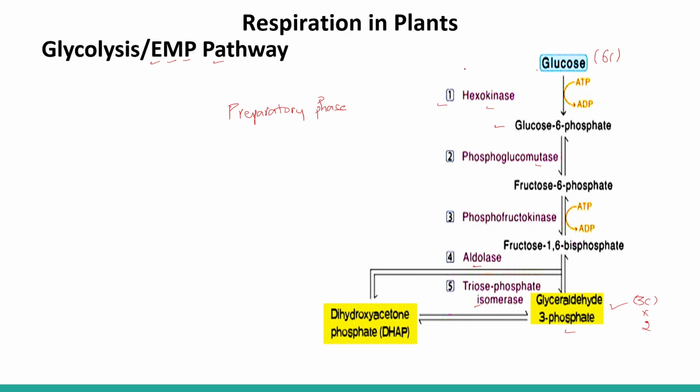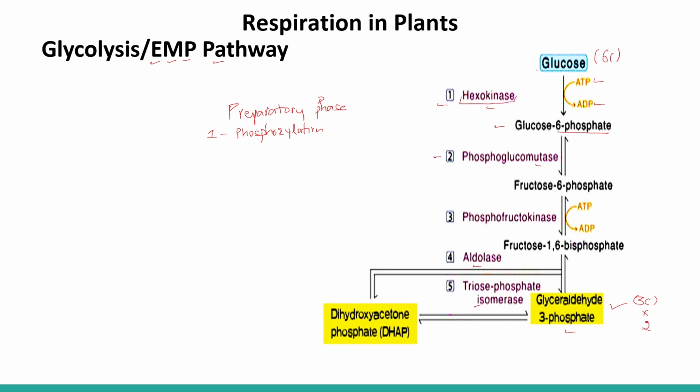This is the phosphorylation step, because phosphate is being added to the glucose molecule. In the first step, phosphorylation, phosphate is added, ATP is consumed and ADP is formed. This reaction is catalyzed by the enzyme hexokinase.